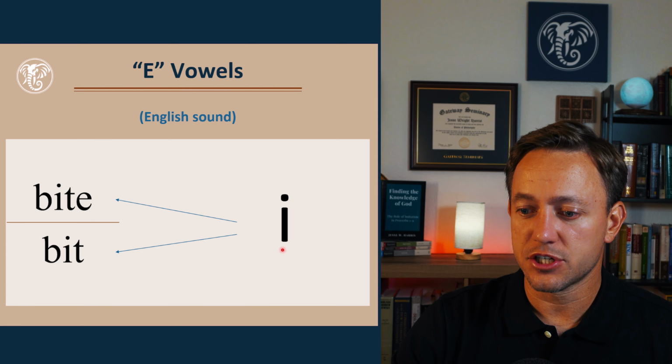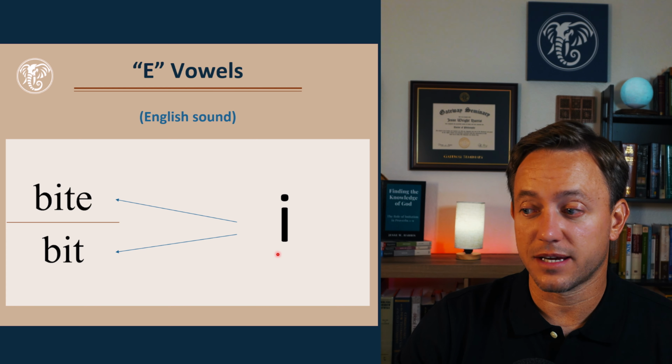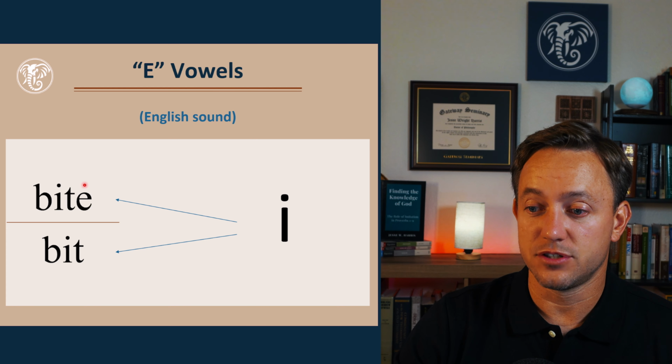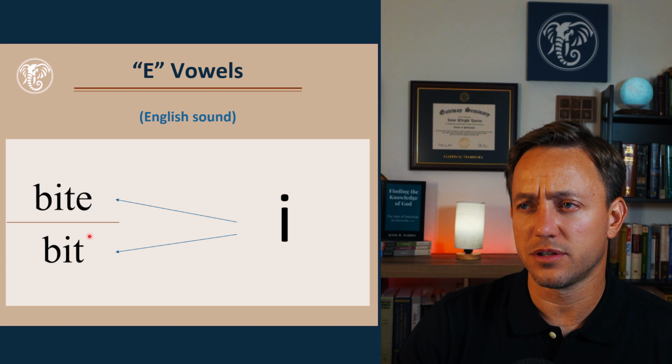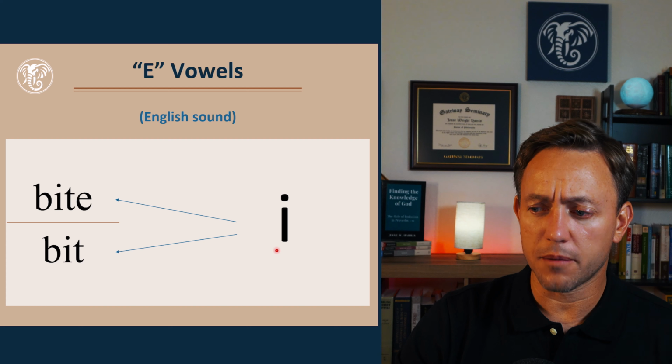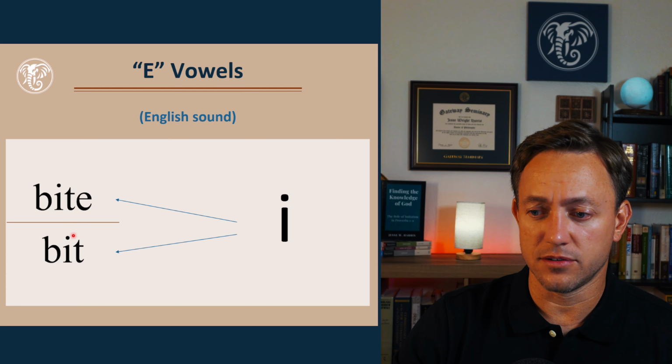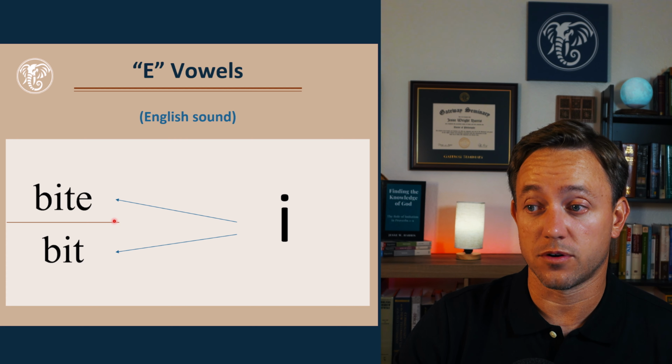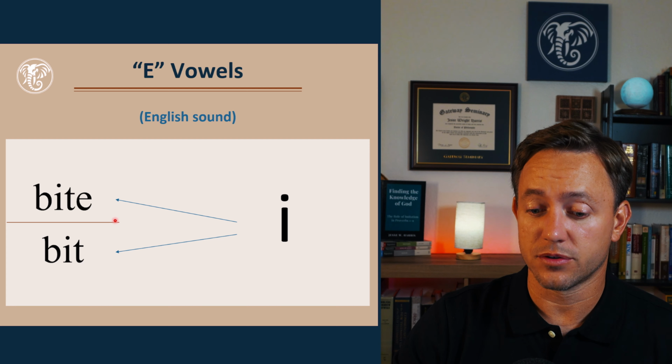And in English, again, it's a little bit tricky because you can actually have two different sounds, I or I. But typically, I don't even think you really have the E sound in English with the I vowel. But neither of these sounds are the sound for the hirik in Hebrew, okay?